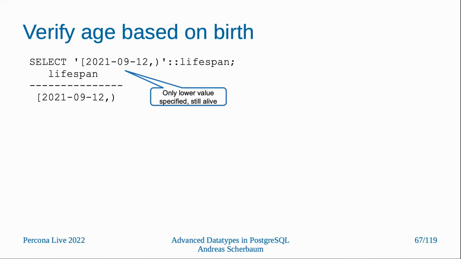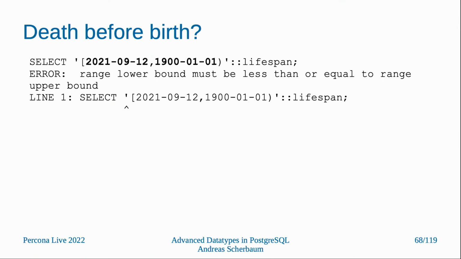So if I use this in my database as an example, I set a birth date 2021, and I don't set an end date, so of course this person is alive. This check is working. Now I try 2021 and 1900 as death date.